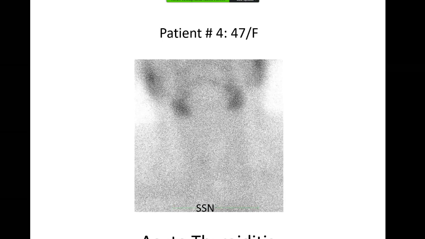It also organifies into the gland, which pertechnetate doesn't do. That is the cause of the discordant scan.